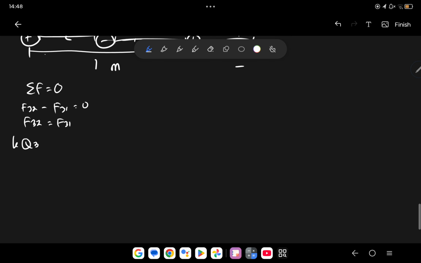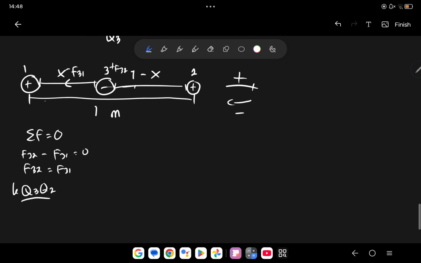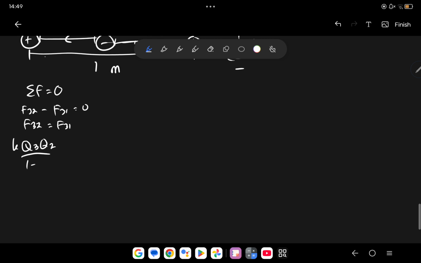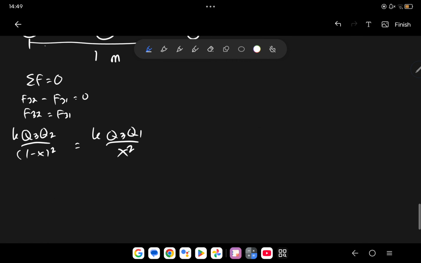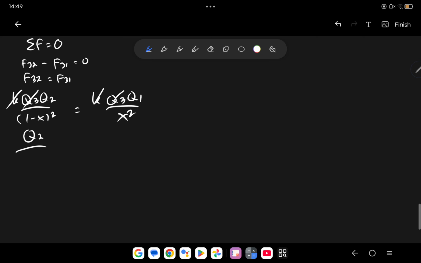K Q3 Q2 over the distance between 3 and 2. That is 1 minus x, squared. K Q3 Q1 divided by the distance from 3 to 1. That is x. We're trying to find x. Okay, so we're going to cross out the k, cross out the q's, and we'll get Q2 over (1 minus x) squared equals Q1 over x squared.